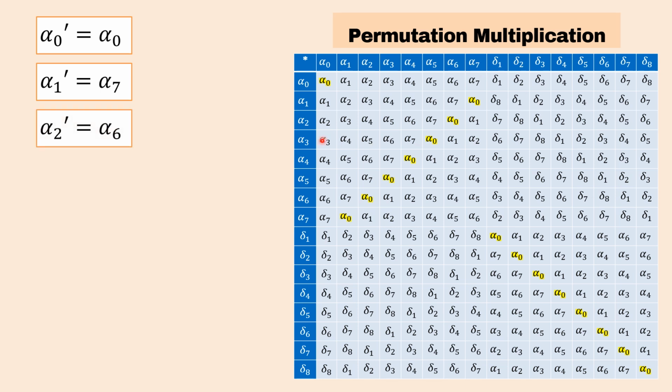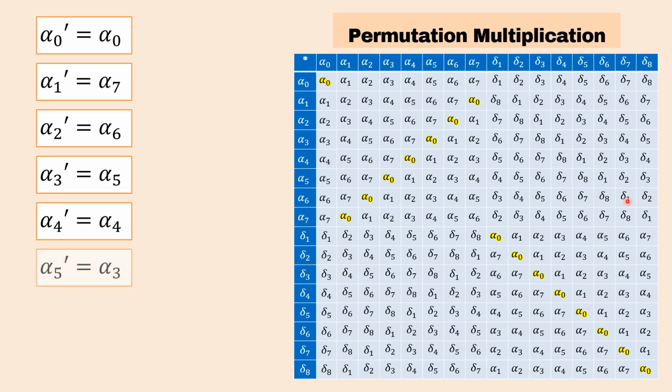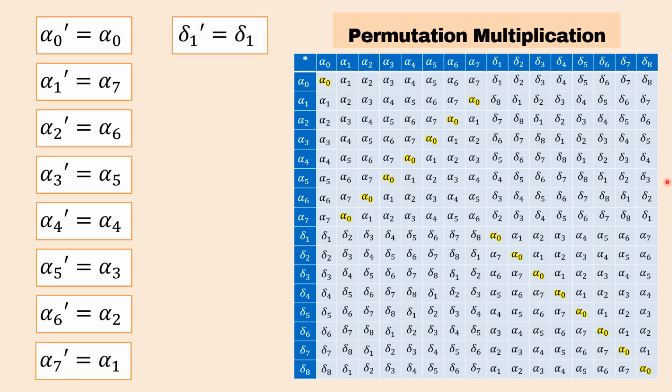The inverse of alpha sub 2 is alpha sub 6. The inverse of alpha sub 3 is alpha sub 5. The inverse of alpha sub 4 is alpha sub 4. The inverse of alpha sub 5 is alpha sub 3. The inverse of alpha sub 6 is alpha sub 2. The inverse of alpha sub 7 is alpha sub 1.